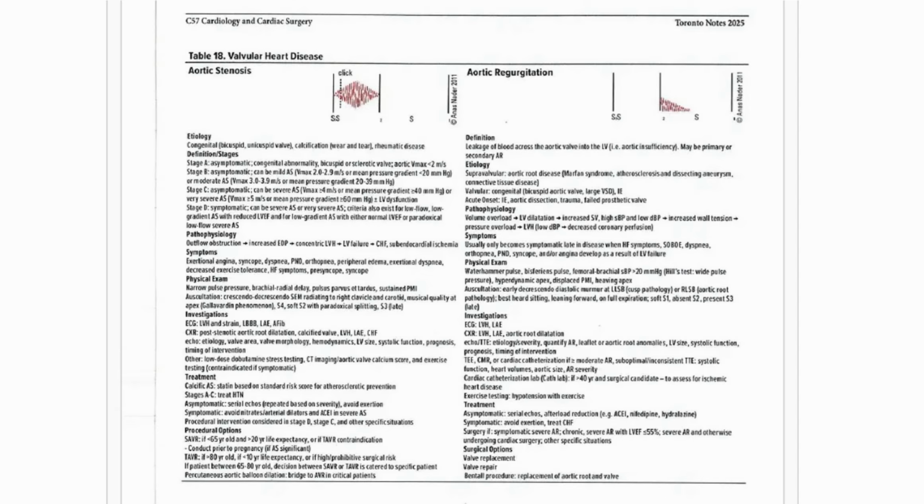Aortic regurgitation is a volume overload lesion causing left ventricular dilation and a wide pulse pressure with an early diastolic decrescendo murmur, and the treatment focuses on afterload reduction and timely valve surgery before irreversible left ventricular dysfunction develops. Understanding the differences between these two lesions, their pathophysiology, characteristic murmurs, physical findings, investigations, and indications for intervention is essential for both clinical practice and the MCCQE examination.